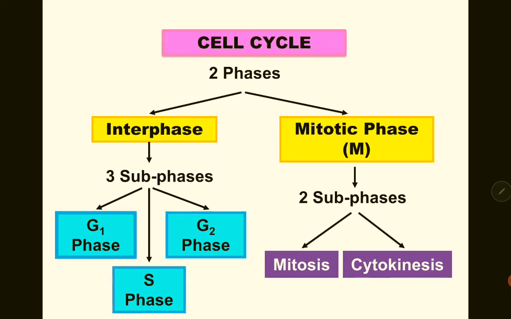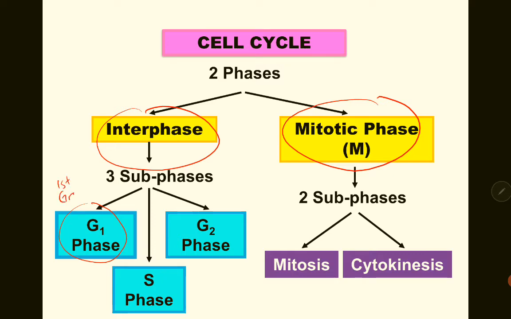So the cell cycle has two phases, interphase and mitotic phase. Interphase has three subphases, which are the G1 phase, also known as the first growth phase, the S phase, also known as the synthesis phase, and the G2 phase, the second growth phase.